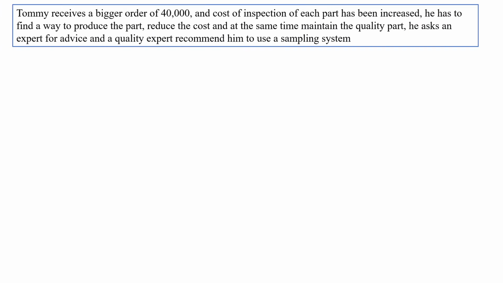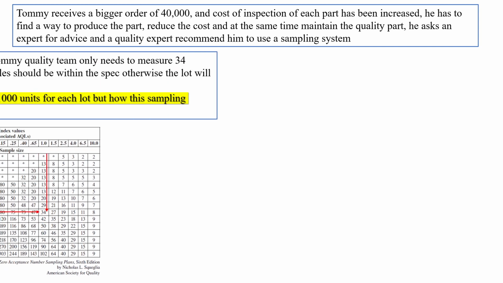Now, Tommy received a bigger order, 40,000 pieces. And this time the cost of inspection for each part has increased. He has to find a way to produce the parts, reduce the cost, and maintain the quality at the same time. He asked an expert for advice, and a quality expert recommended using a sampling system.